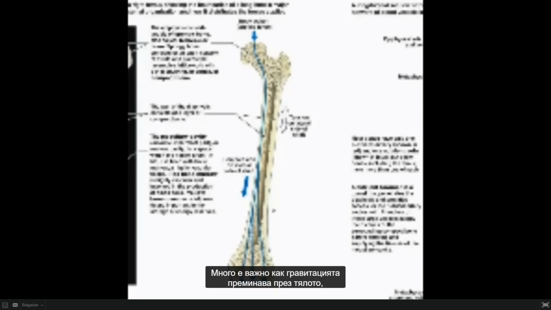And it is so important how the gravity goes through the body, because the body organizes the density, and the density is caused by the storage of calcium and calcium salt. So when you have more gravity, you have more storage of calcium.